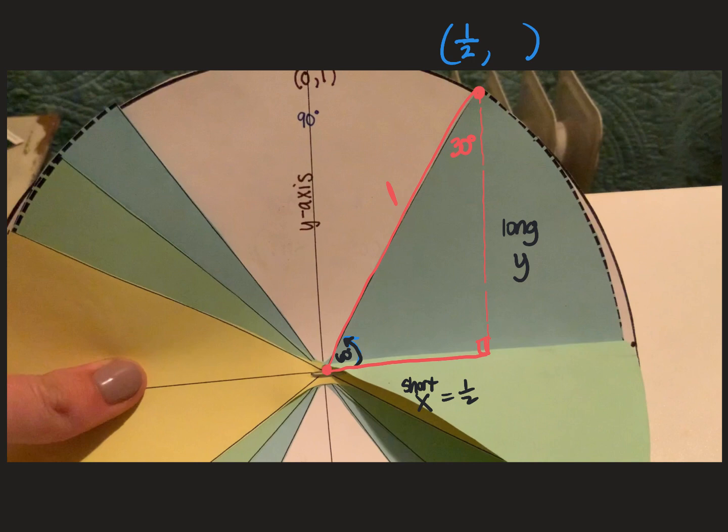To go from short to long, I multiply short, 1/2, by radical 3, and that's going to become radical 3 over 2. So the y value is radical 3 over 2, meaning the sine of 60 degrees is radical 3 over 2. All right, I'll show you what to write here shortly.